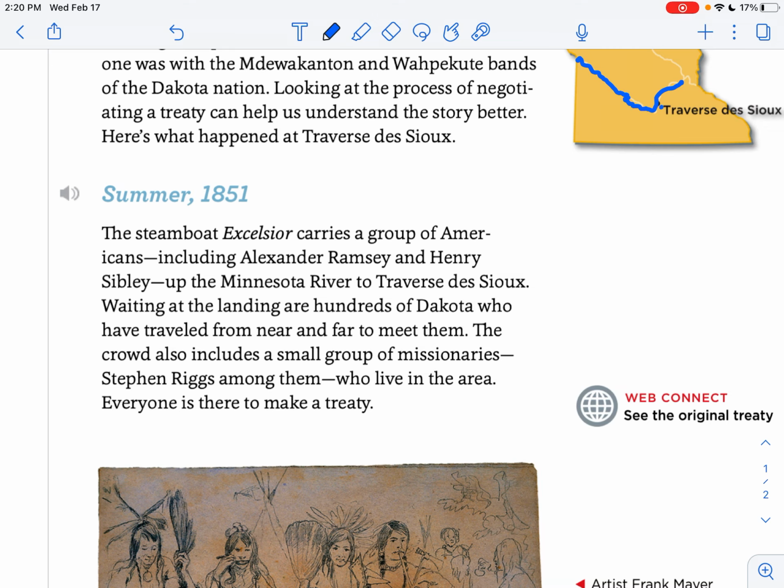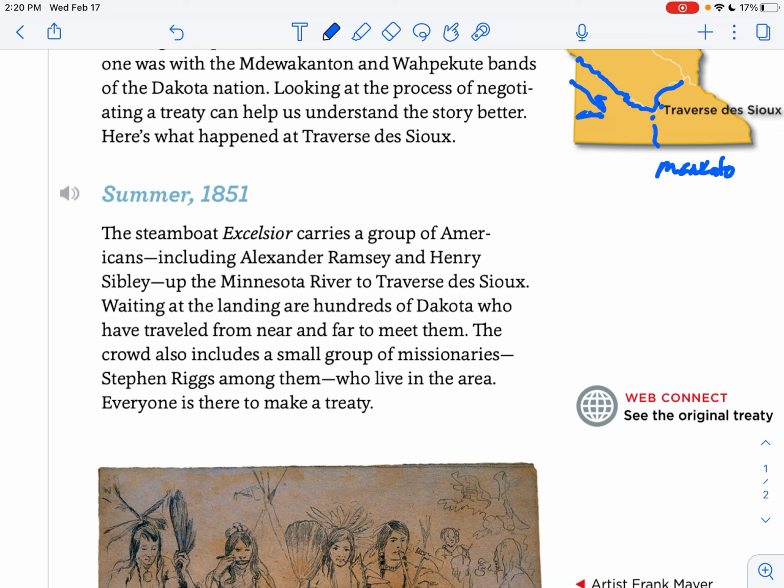So this spot right here is Traverse des Sioux. All it is literally a spot for people to cross the Minnesota River. This is the present day town of Mankato. So the spot of Traverse des Sioux wasn't very far from where we're at right now. And remember, this is Minnesota River, and it flows that way.